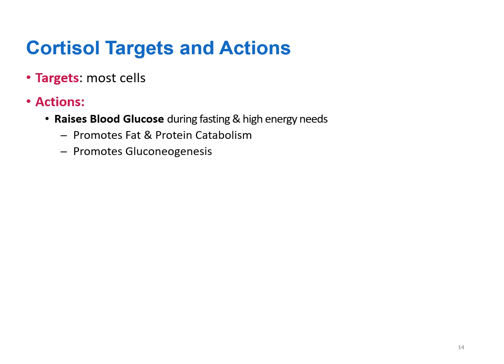Cortisol pretty much targets all cells of the body, and it acts to raise blood glucose levels, particularly during the time when you are in a stressful situation, during a fast, or if you have high energy needs.